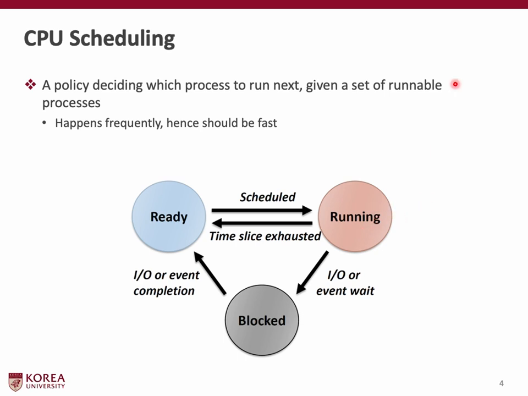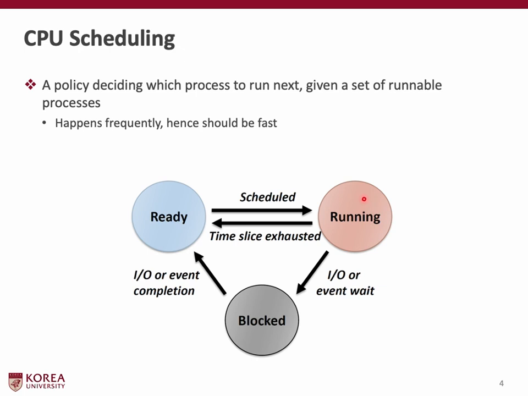If we go back to our earlier discussion about process abstraction, we talked about how one of the ready processes moves into the running state to execute on the CPU. And when the running process finishes its time slice, it moves back into the ready state, waiting for its next turn.